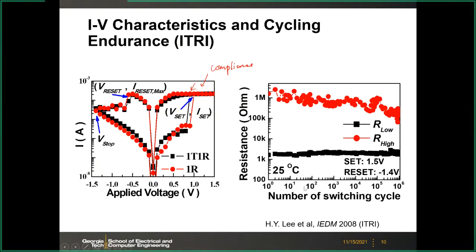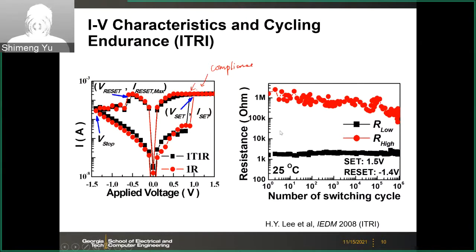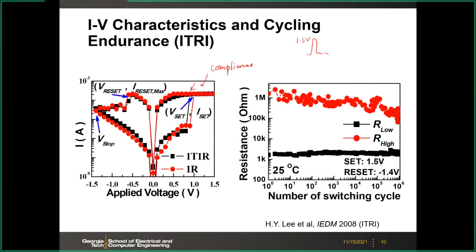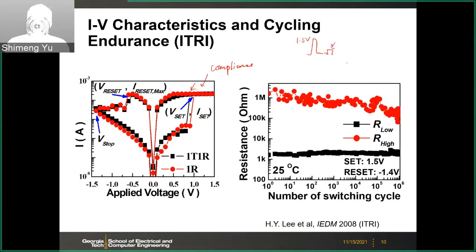And on the right-hand side, we show the cycling endurance for this device. Typically, cycling endurance testing is a repetitive set and reset sequence. You apply a positive pulse, like 1.5 volts in this case, and then you read the resistance and monitor it here.